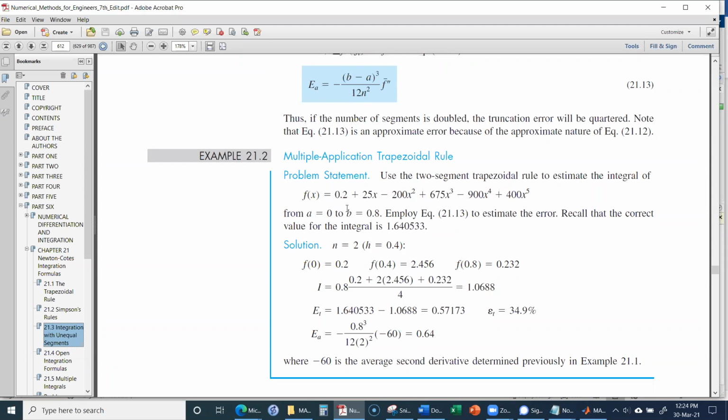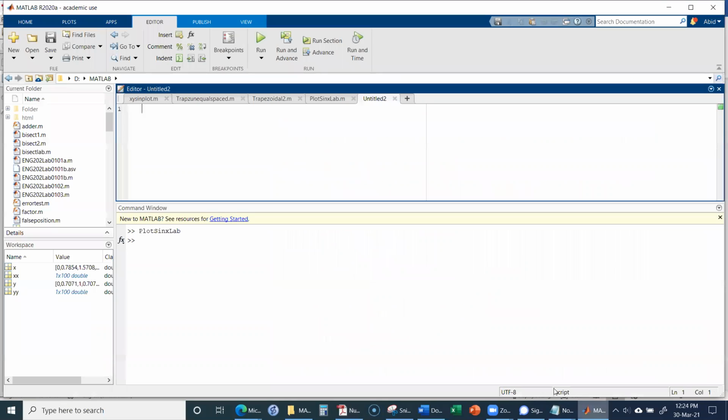So how do we start? We will start from a is equal to 0, and b is equal to 0.8.